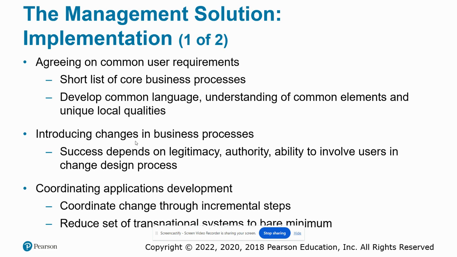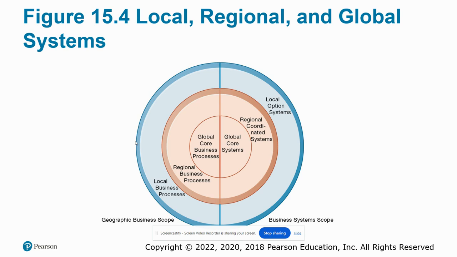At the global level, there is far too much complexity to implement full scale, worldwide application changes. Agency and other coordination costs increase as the firm moves from local option systems towards regional and global systems.